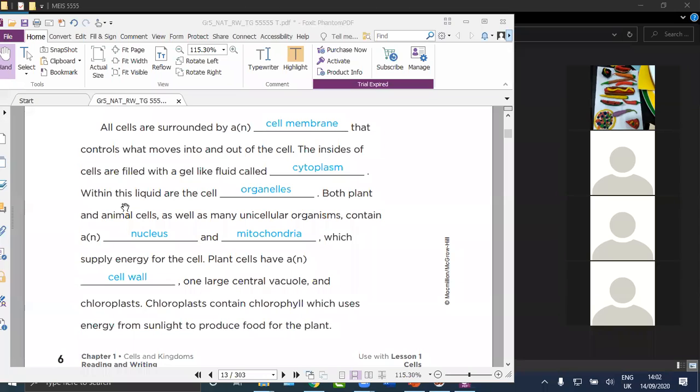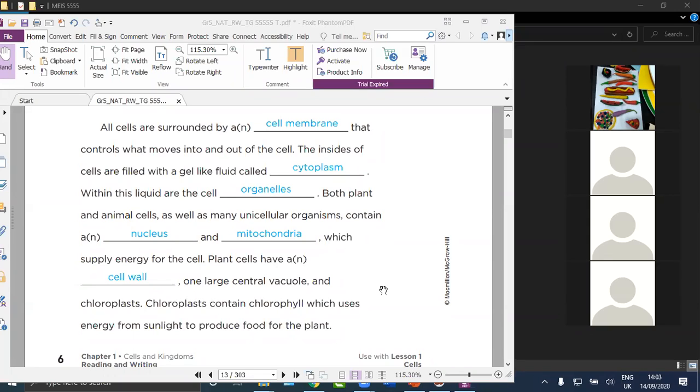Within this liquid are the organelles. Both plant and animal cells, as well as many unicellular organisms, contain a nucleus and mitochondria, which supply energy for the cell. Plant cells have a cell wall.